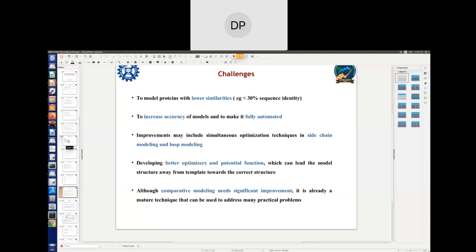Again, if you get 90% of the structure of your desired protein, but you are not getting the key loops, if you are not finalizing the key loop, then at that point also you are losing accuracy.